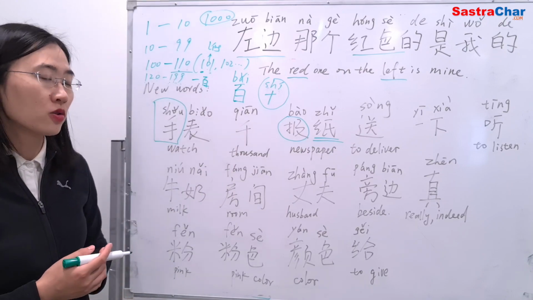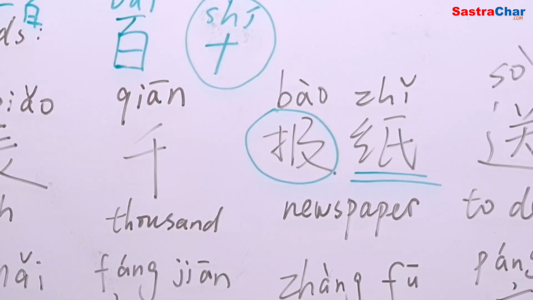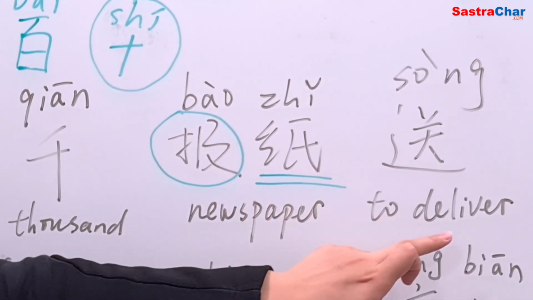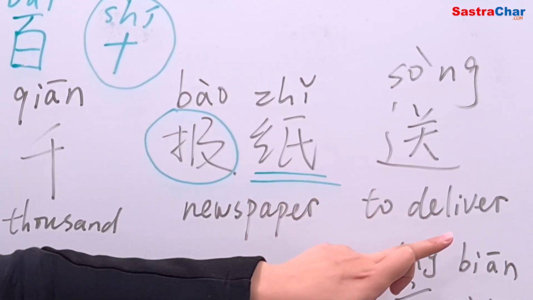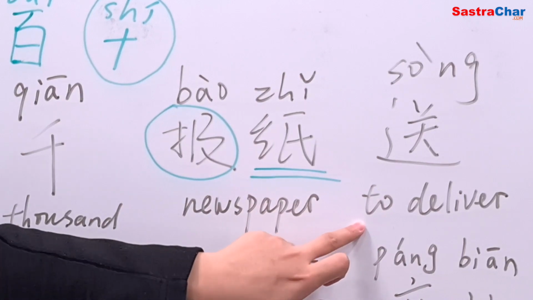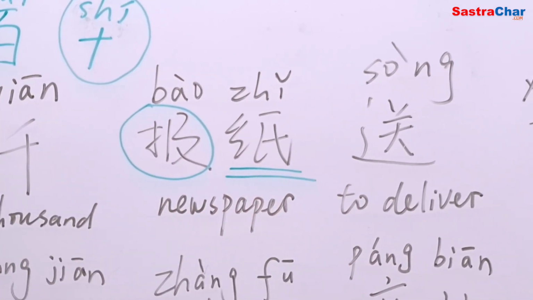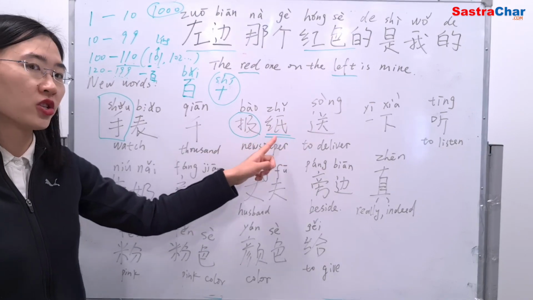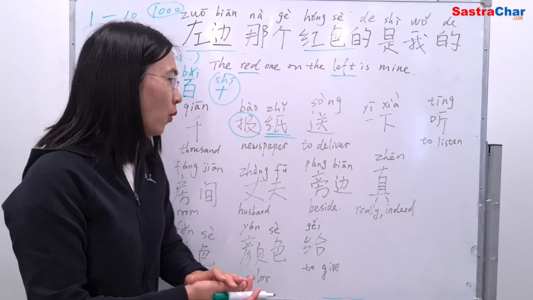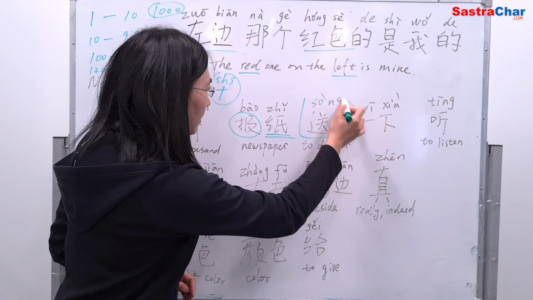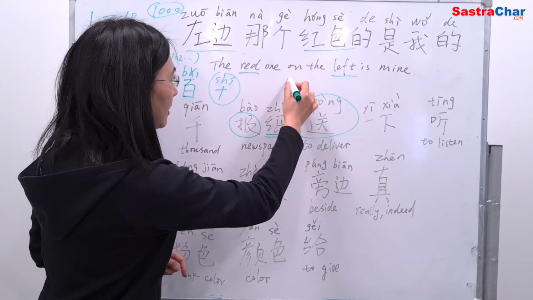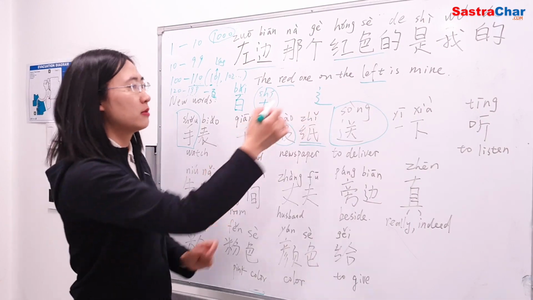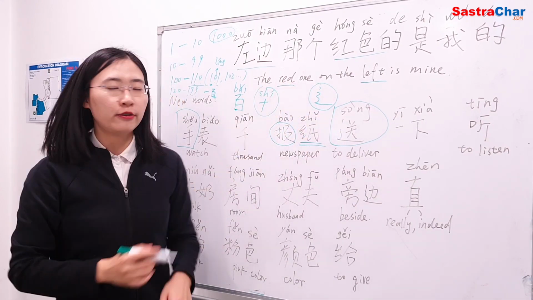Next, 送. 送 means to deliver. So to deliver newspaper, we say 送报纸. Whenever you see a part like this, it is related to our foot.